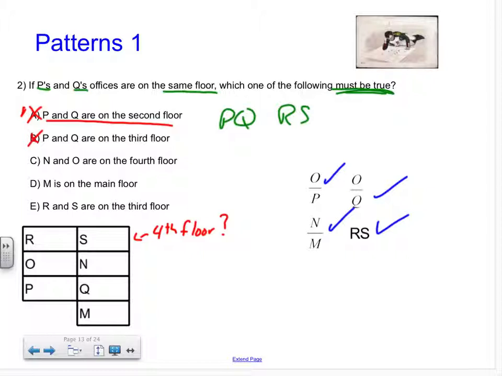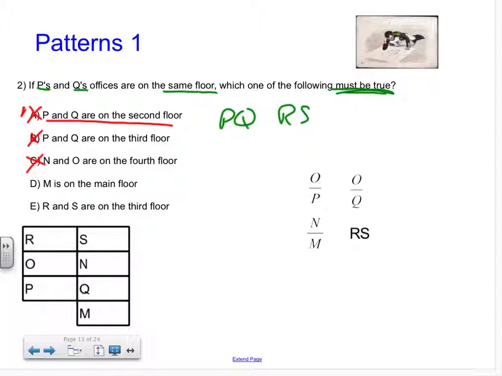They work just fine on the third floor. So let's get rid of C. And the next question for D is M is on the main floor. Now, so far during the duration of this question, I have not seen M moved, and it makes me wonder if it can even move.